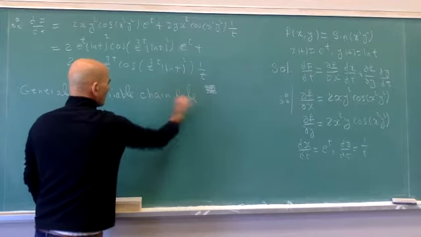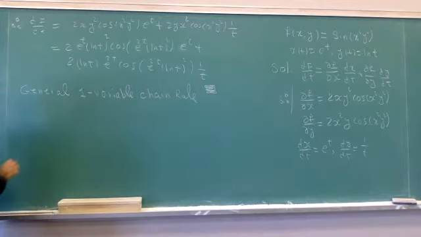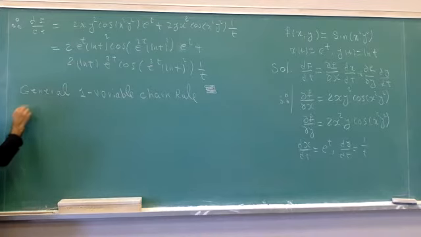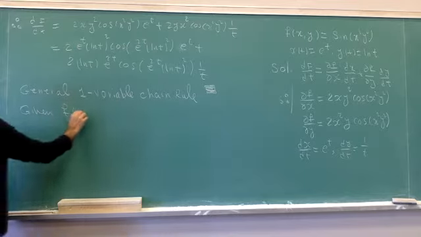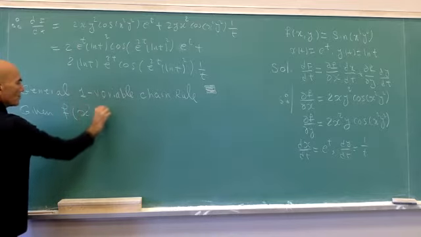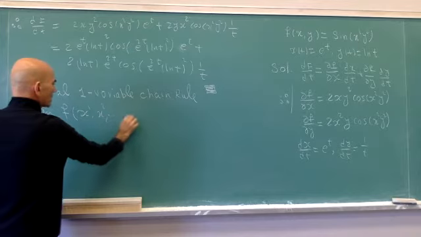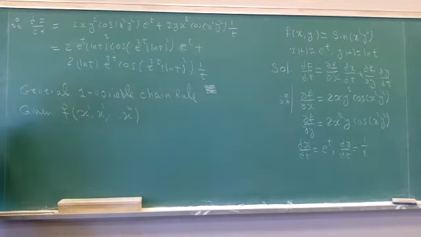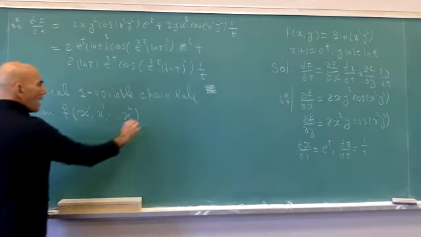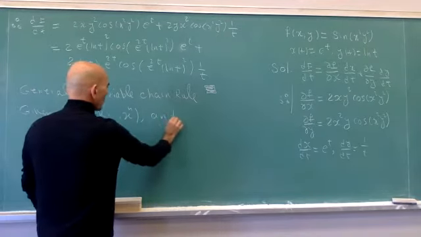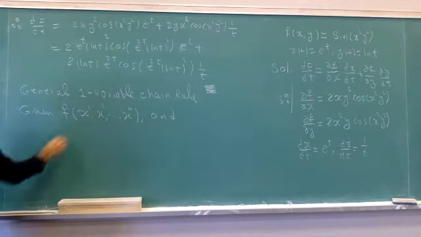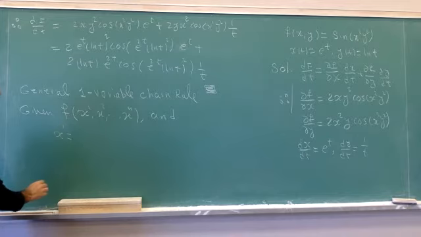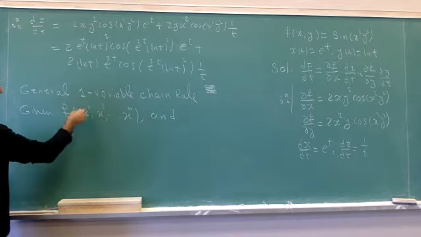What do we mean by this? So we mean this. Given f of x1, x2, xn, so this is a function of n variables, and we know that x1 is itself a function of t.